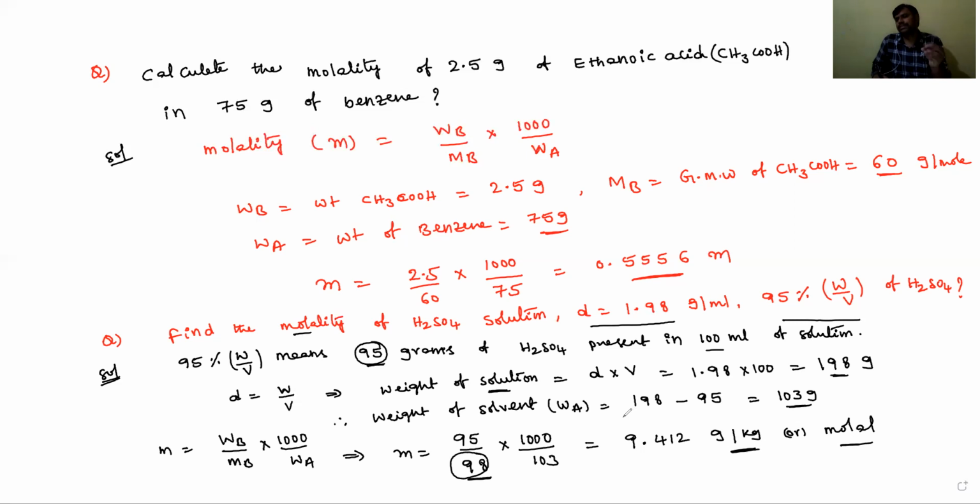We substitute these values in the formula and finally get the molality. Sometimes molarity and density are given and we need to find molality, that's why we need to remember all these relations.